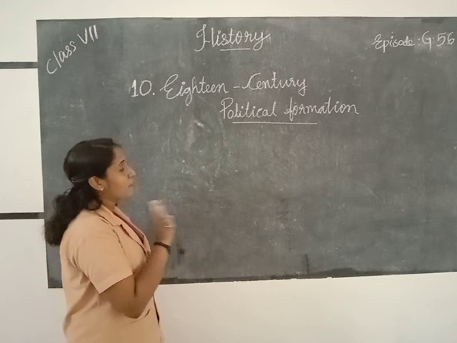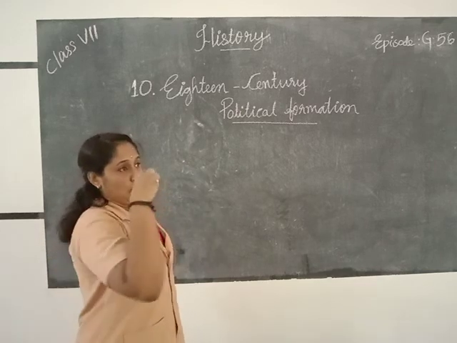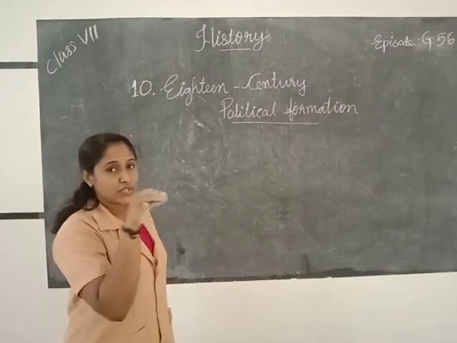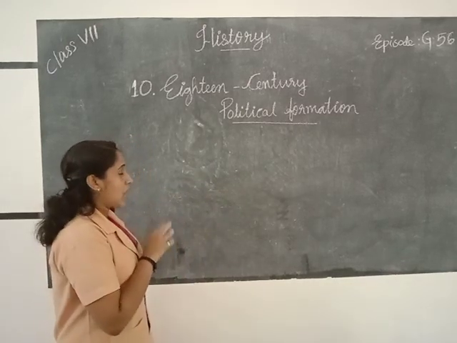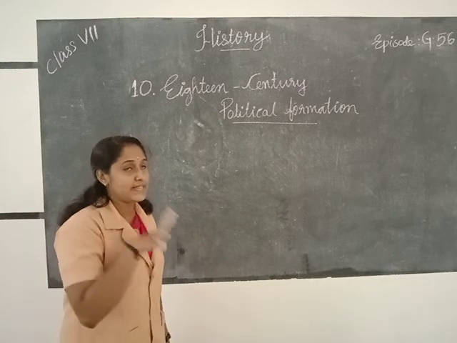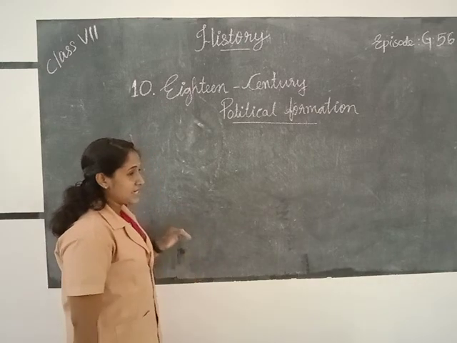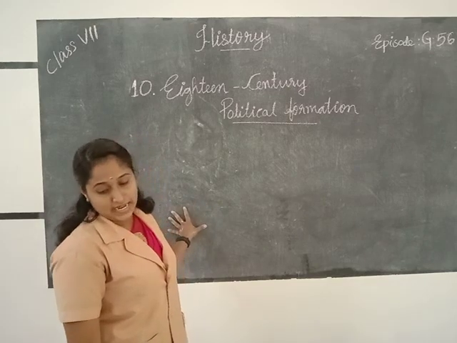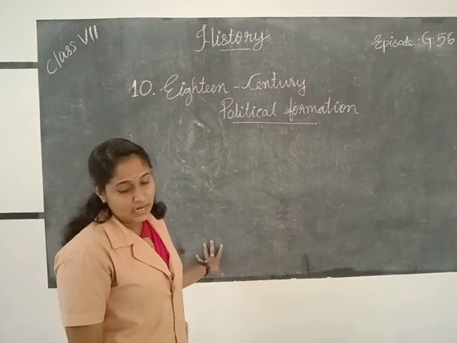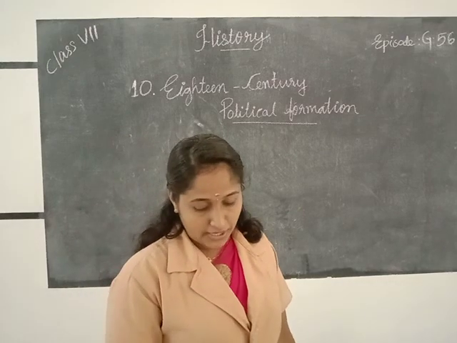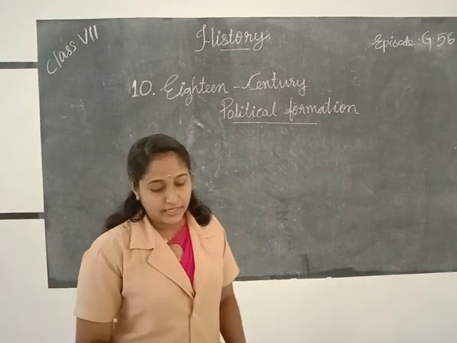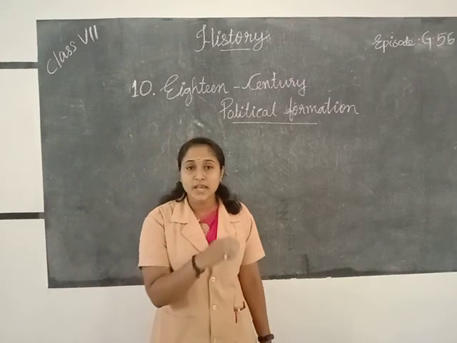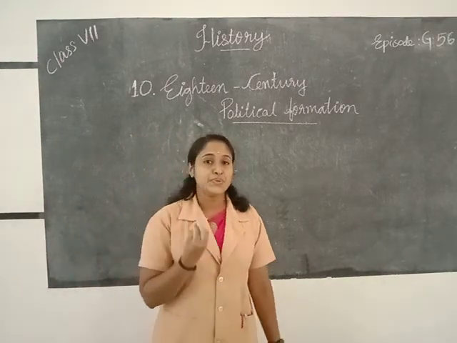After the declining of the Mughals, they lost their power over some areas, some major cities, some important towns. We can say some important regions. Those regions also became independent new states. Independent new states like what? For example, Bengal, Awadh, Hyderabad are examples of the new states.